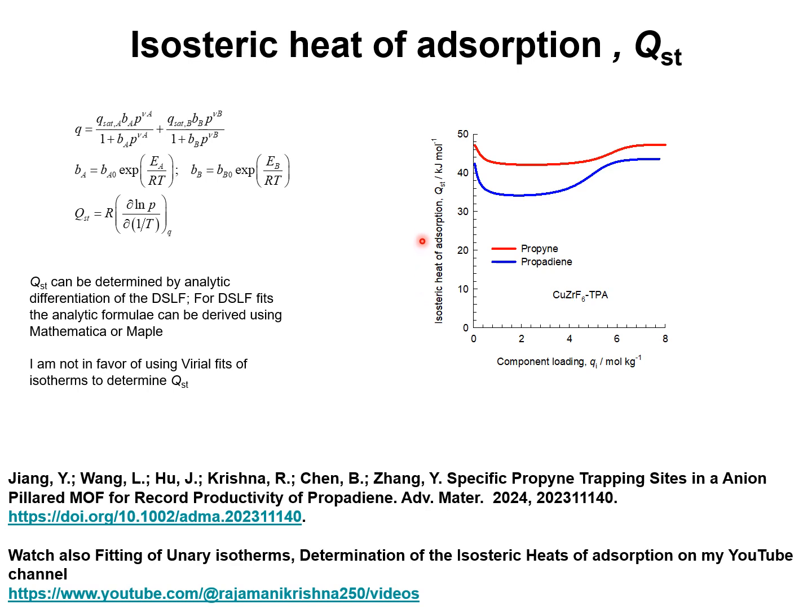The resulting QST values determined as a function of loading are shown here for propyne and propadiene. These are the values that are reported in the Advanced Materials paper cited here.